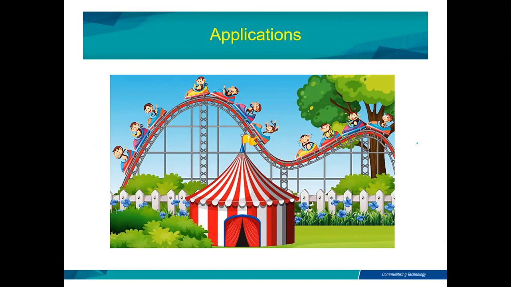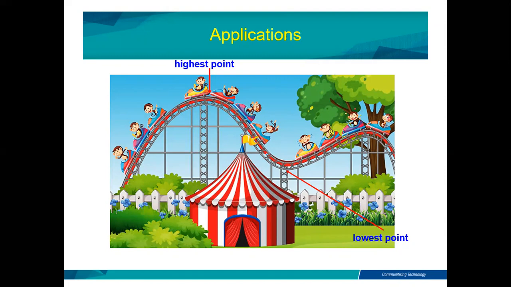For your information, the track of the roller coaster is built by using applications of differentiation. The roller coaster track, the highest and also the lowest point, are well calculated. Whether it is 10 meters high, 20 meters high or 15 meters high, everything is well calculated. We don't just build 30 meters randomly, everything is calculated to make sure the structure is strong.